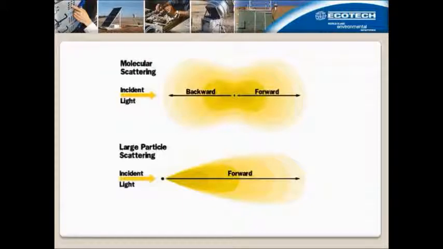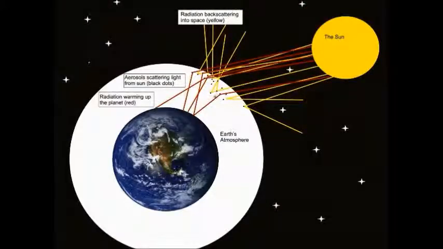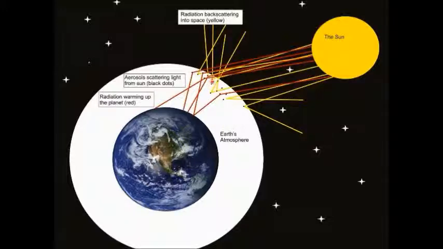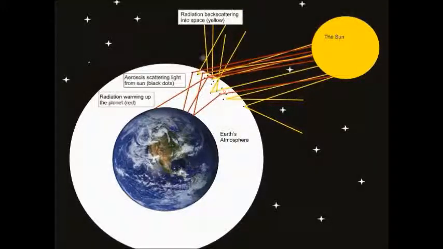As mentioned earlier, gas molecules and small particles scatter basically the same forward and backward, while large particles have more forward scattering. That leads to a situation where, if you have particles in the atmosphere, the sunlight hits the particle and scatters it outward, and if more light is scattered in this outside direction, it actually cools the air, and if more is scattered down, it actually heats the planet.